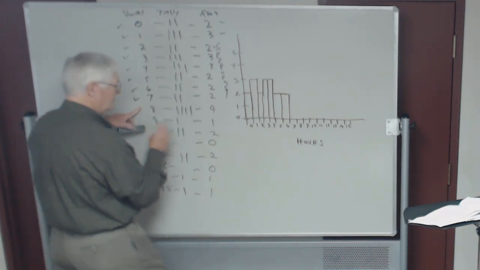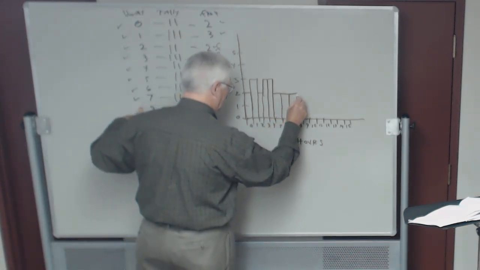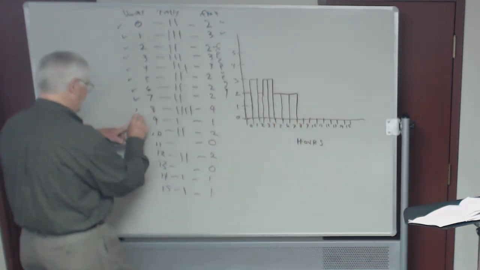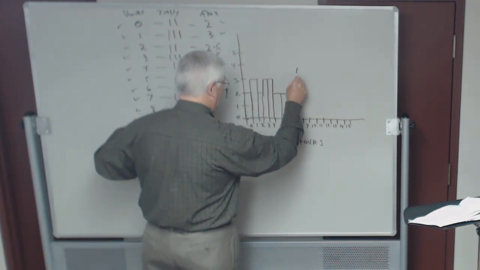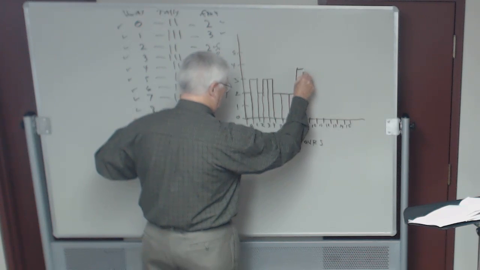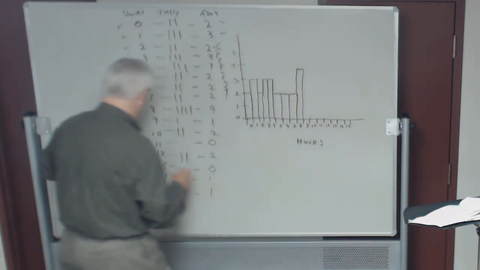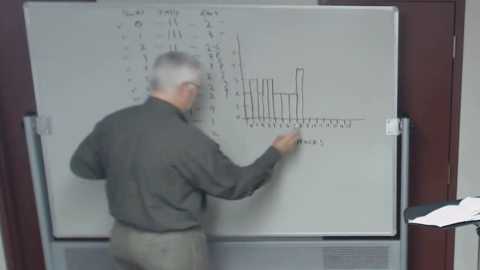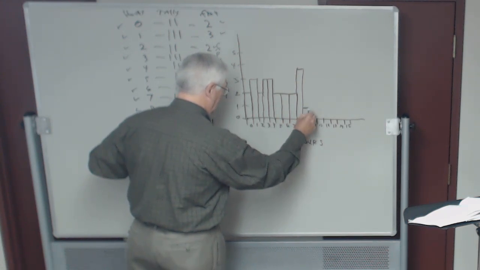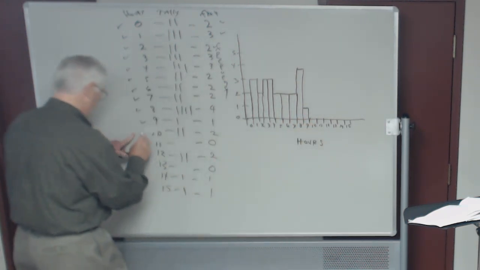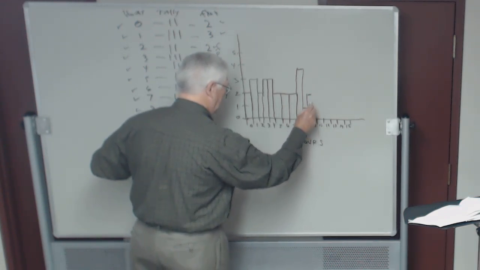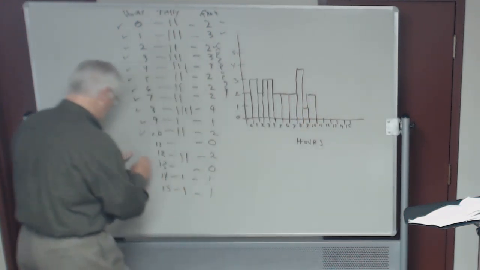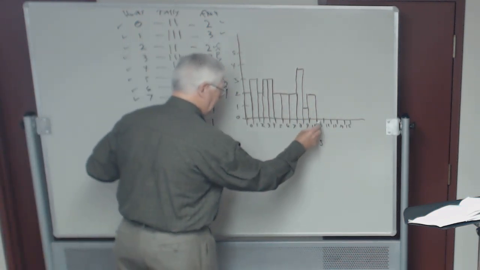At 7 hours, it was 2. At 8 hours, it was 4. A long time. At 9 hours, it was 1. At 10 hours, it was 2. At 11 hours, it was 0.